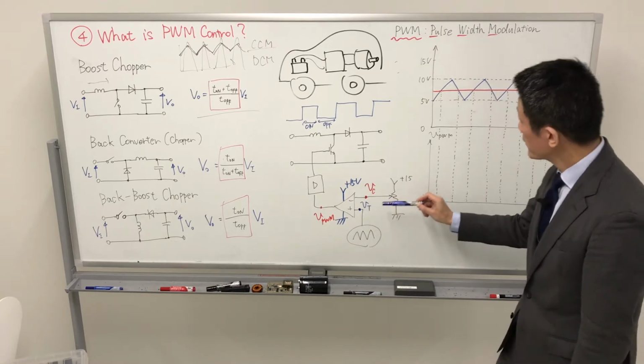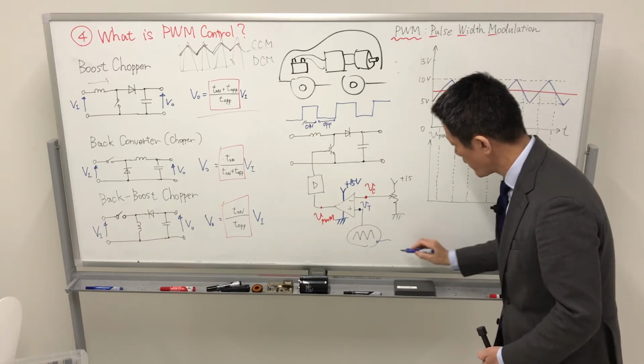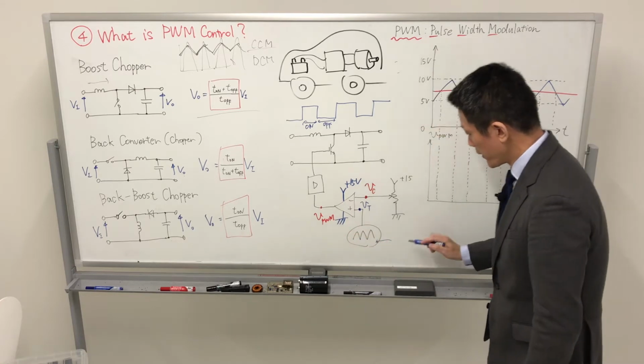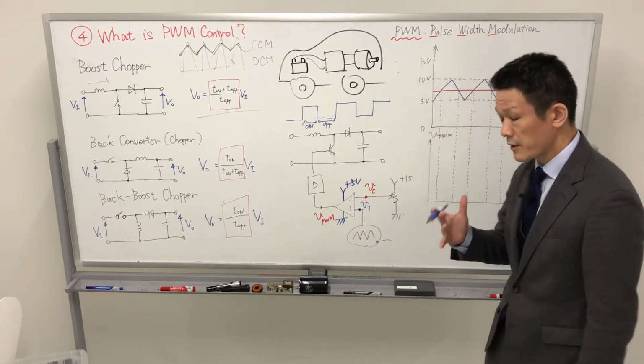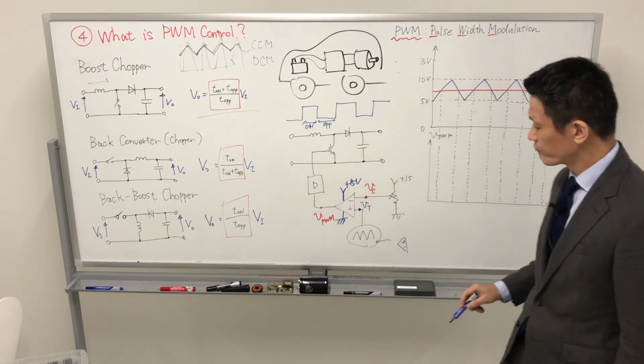Later I will also show the equivalent circuit of the triangle waveform generator circuit. We can use a comparator.